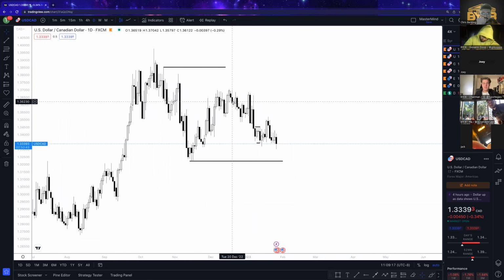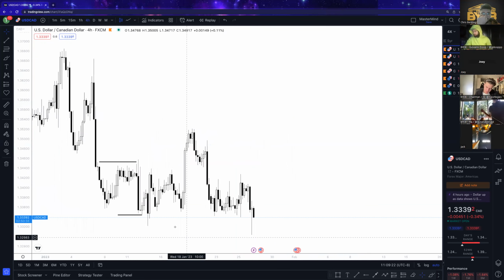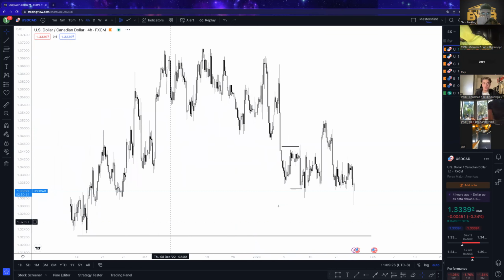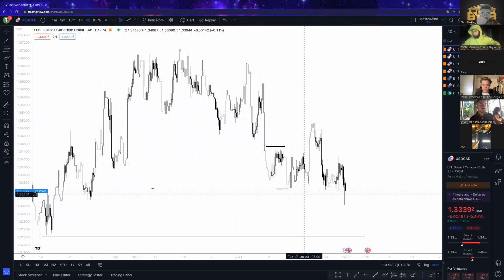So for me, once I see liquidity swept, then a break of structure, and then after the break of structure, when there's imbalance left behind, that is my third confirmation.